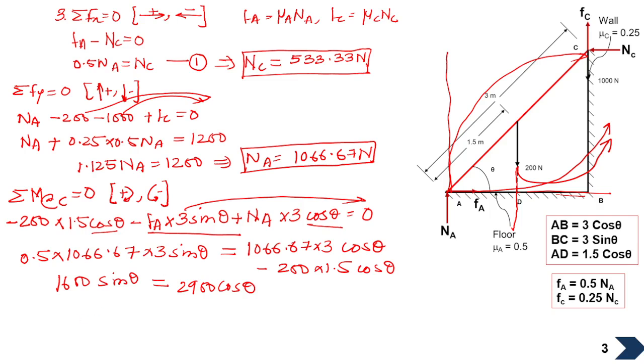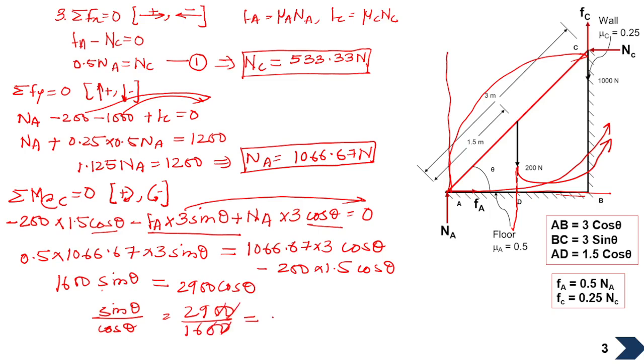Okay, so now we can do one thing. Since this is sine theta and this is cos theta, we can bring cos theta here, which is sine theta by cos theta. This will become 2900 by 1600. So this will get cancelled.